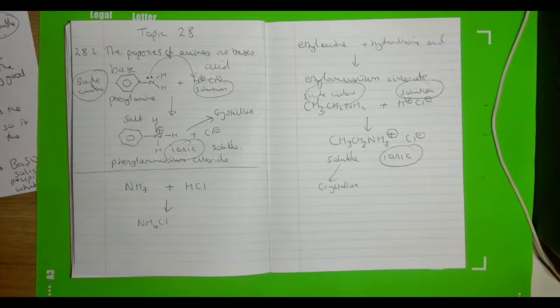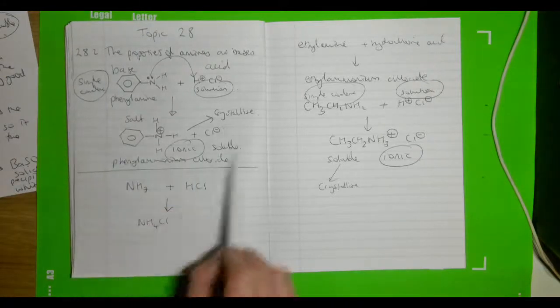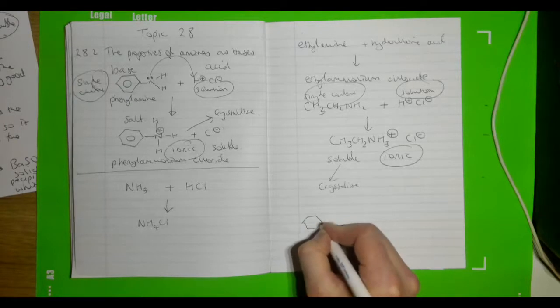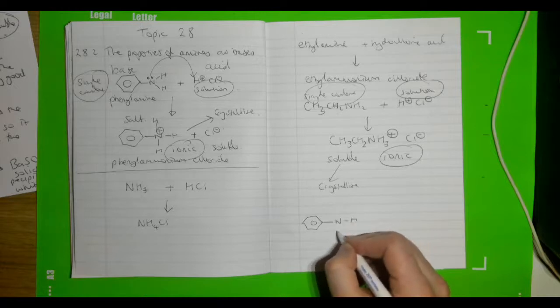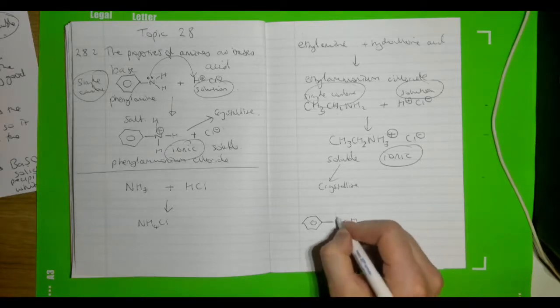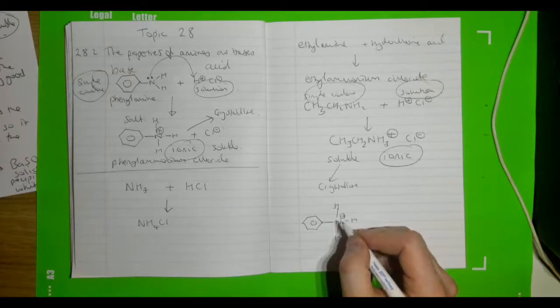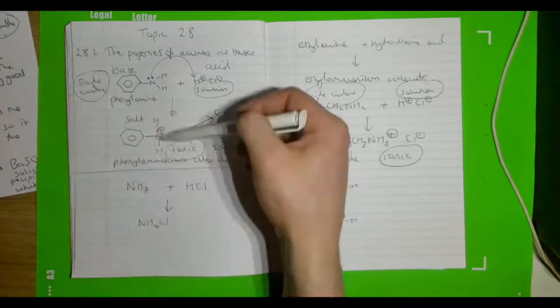Okay, so let's imagine we have made our phenyl ammonium chloride here. Let's just draw that out again. And I wanted to get back my original phenylamine, so I wanted to reverse this reaction.